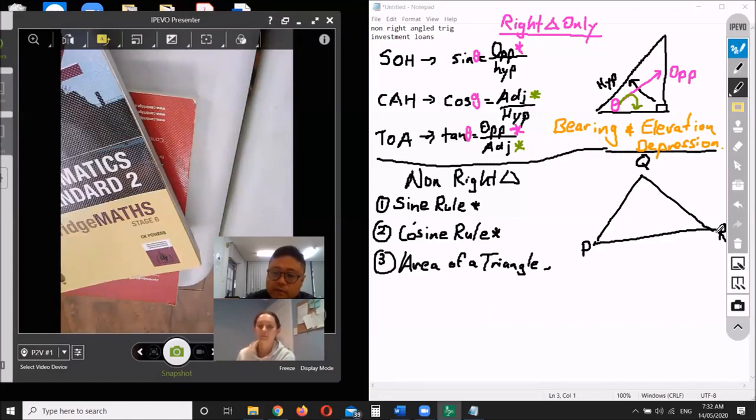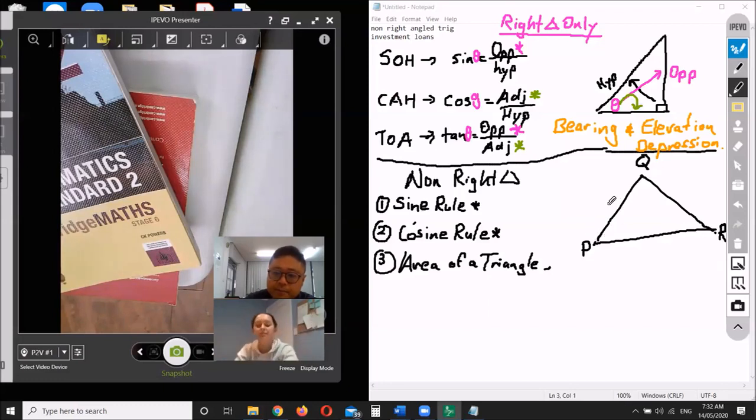When we're talking about angles, we use capital letters. When we're referring to the sides, we use lowercase letters, opposite the angle. So what would this letter be in lowercase?